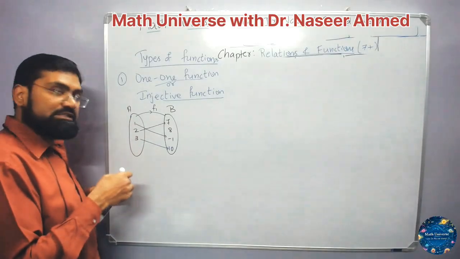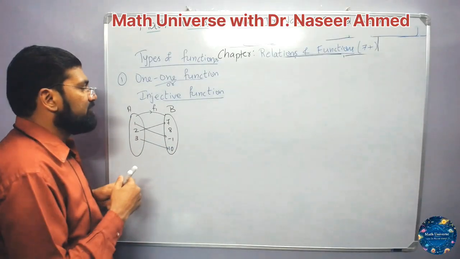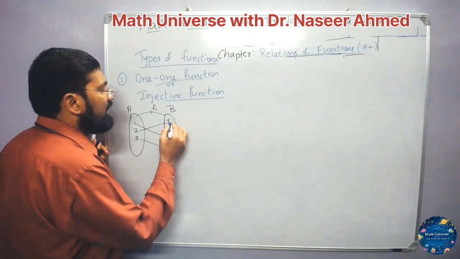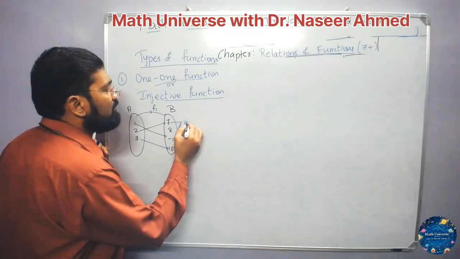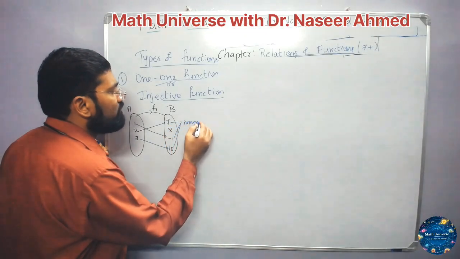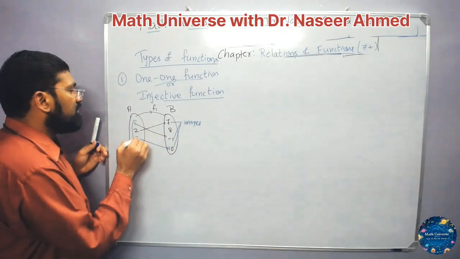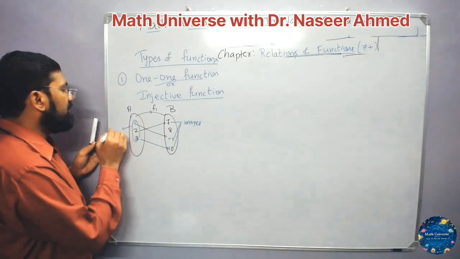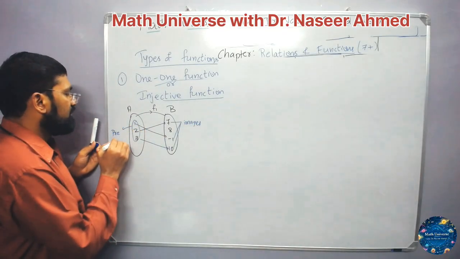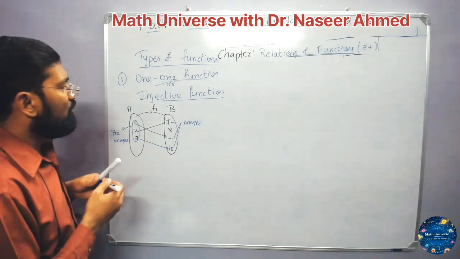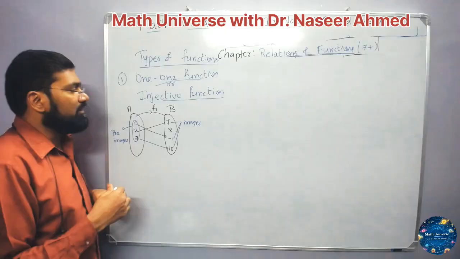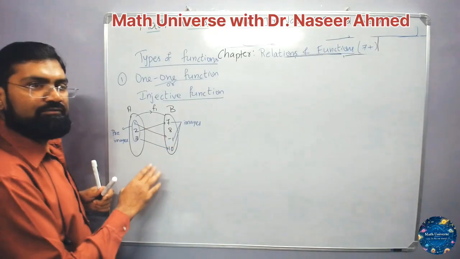Before that, recall that the elements 7, -1 and 10 are called images, and these elements are called pre-images. When we are mapping, we get images.